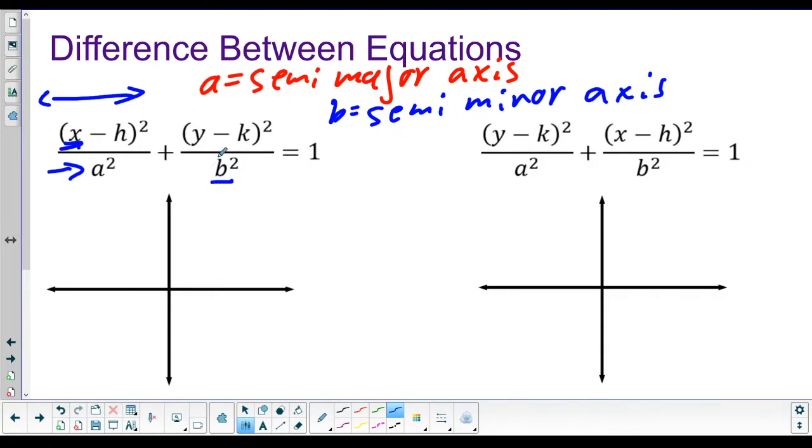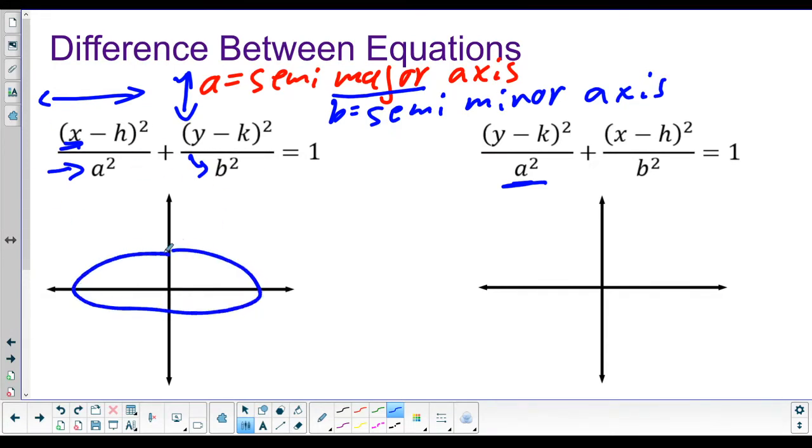Whatever is underneath your y is always the vertical size of your ellipse. So if we graph this one, because we have an A under the x term, and A is always your semi-major axis, all that's telling us is that we have a wide ellipse. It's wider than it is tall. It's like Dudley from Harry Potter.